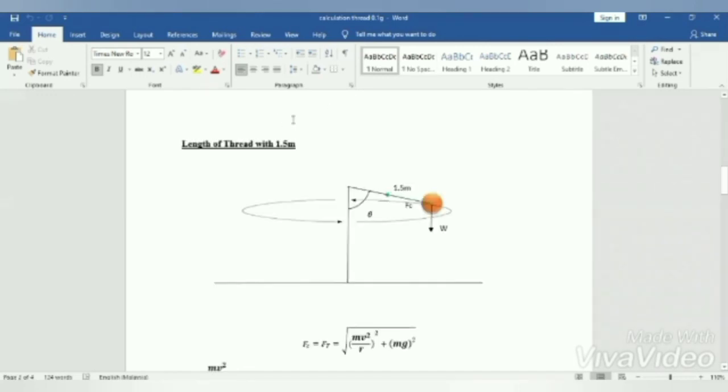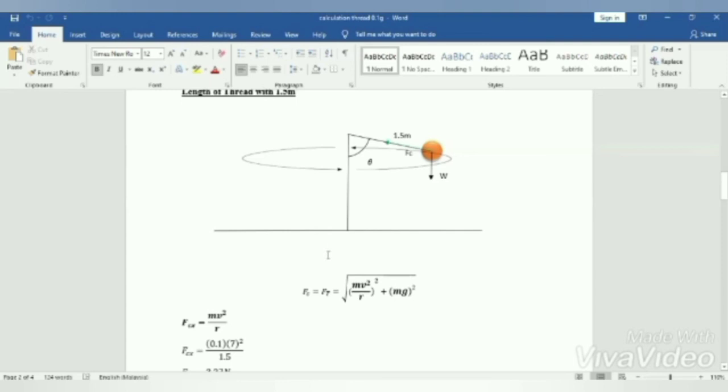For the next part, the length of thread is 1.5 meter. We expect a change in the angle of the rotation of the mass, but we don't know the value of the angle.